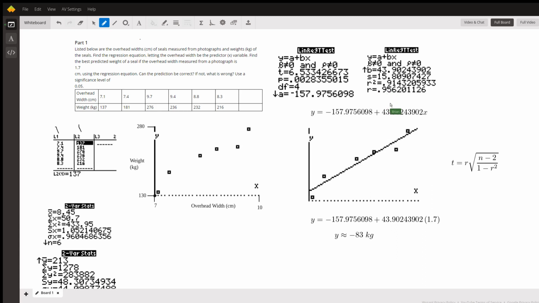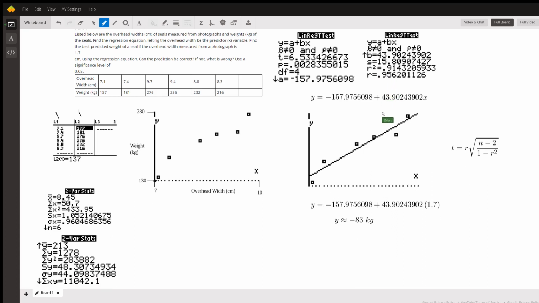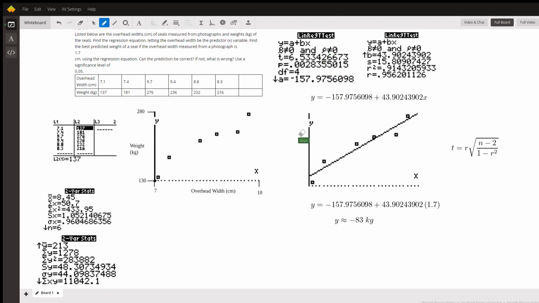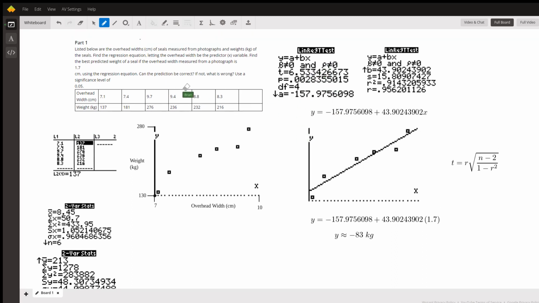R squared is called our coefficient of determination. That could be talked about in another video. But for now, I just wanted to show how to answer this question using a TI-84 calculator.